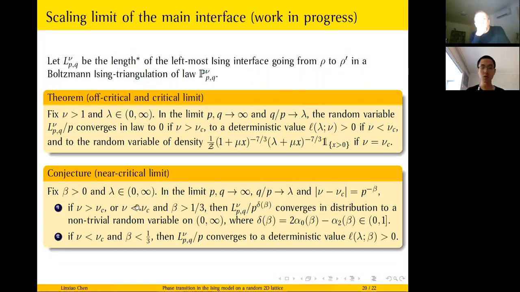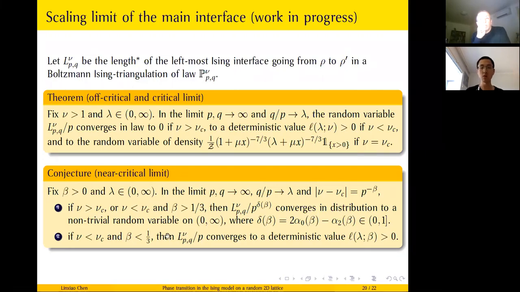So for nu smaller than nu c, and at the parameter value beta equal to 1/3. On one side of this cutoff, the interface length scales as the perimeter to some exponent which is between 0 and 1, and which can be computed using our enumeration results before.